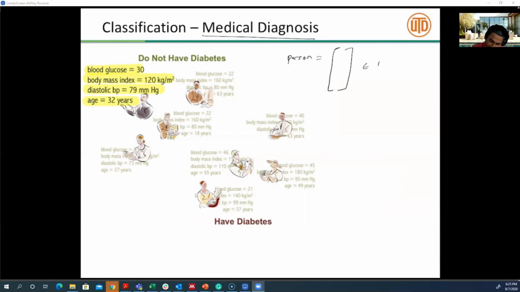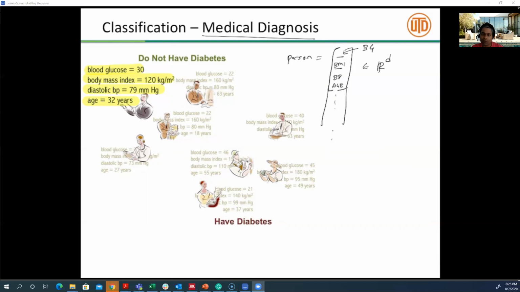The first entry would be blood glucose, the second entry would be BMI, the third entry would be BP, then age, and so on. So we have this long feature vector, and we are storing all the parameters associated with this person in it.